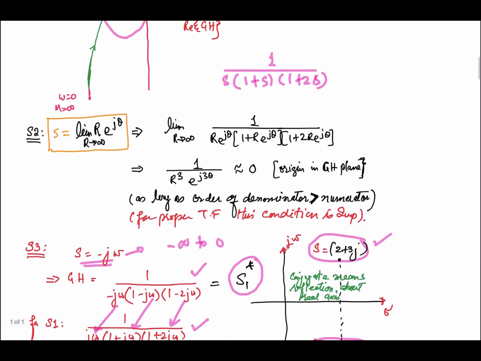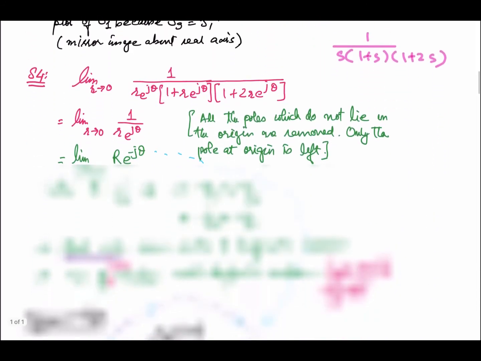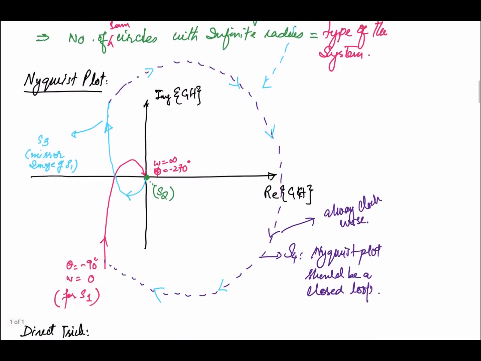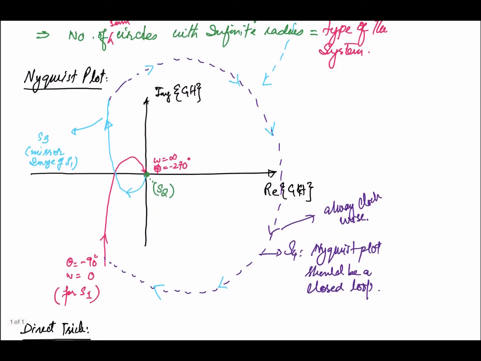So finally, the Nyquist plot for this transfer function will be this one. For the first part of the contour selected in the S domain, when varying the frequency from 0 to infinity, we have this part.